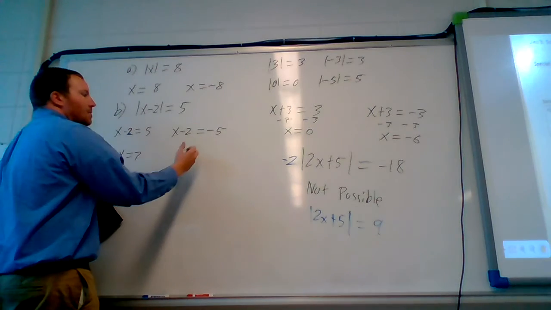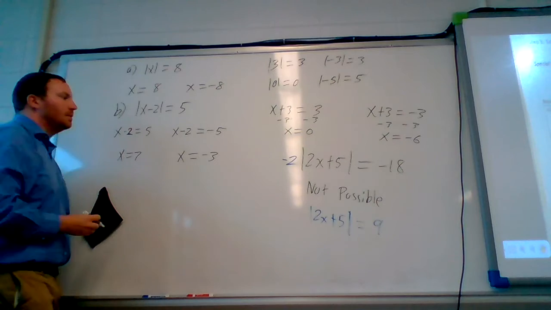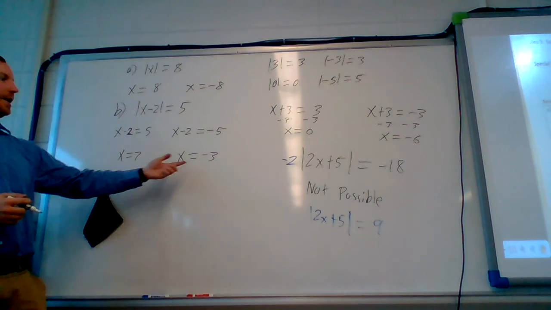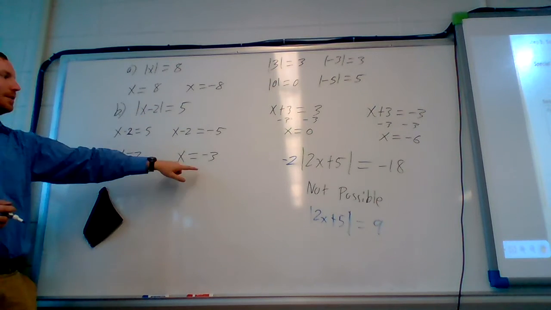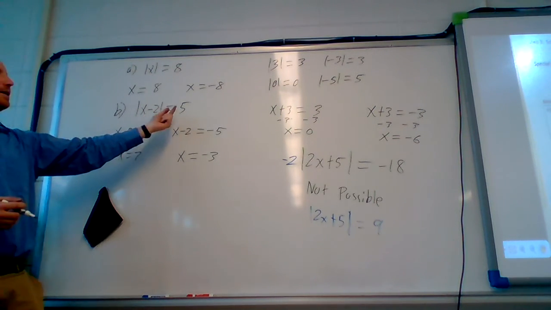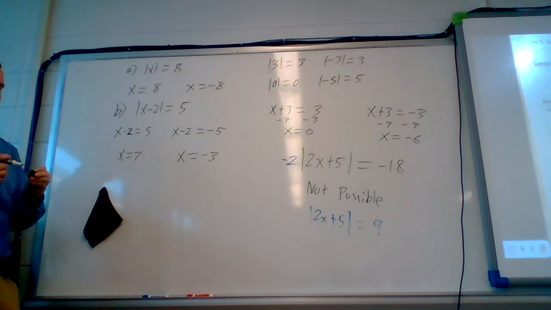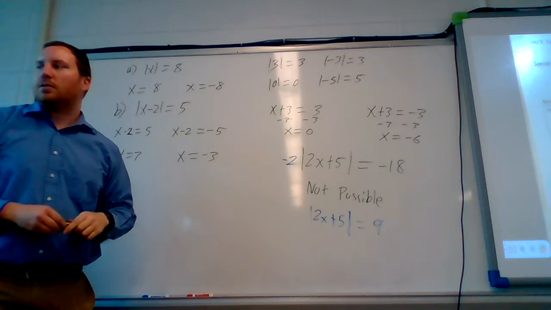Add 2 over, x equals negative 3. And again, we can plug these values right back in, make sure they work. 7 minus 2 gets you 5. Negative 3 minus 2 gets you negative 5. Take the absolute value of that, you get 5. Right? So on all these absolute values, you're always going to have 2 answers.